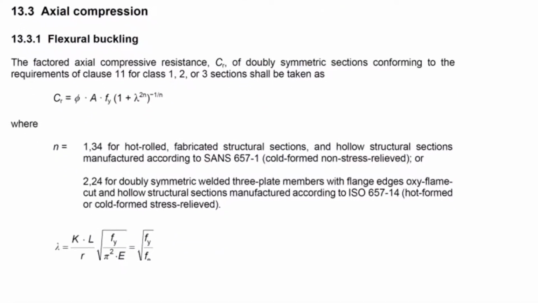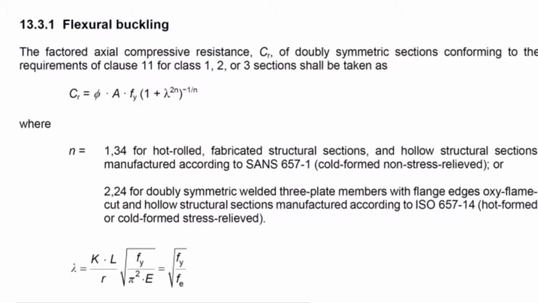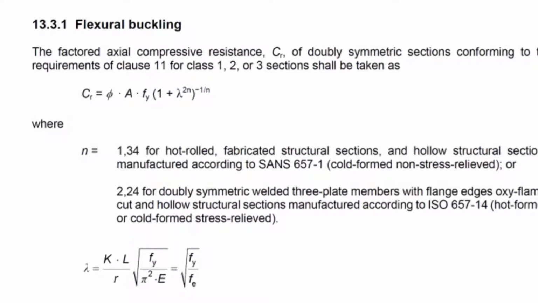And so here you'll see the main equation looking at what is the resistance. Initially this might look quite strange, but if you think of a stress as a force over an area, or a force is a stress times an area. Having a look at this, what you have firstly is a partial factor. This is the fact that the steel might not be 355 or whatever grade we're using.